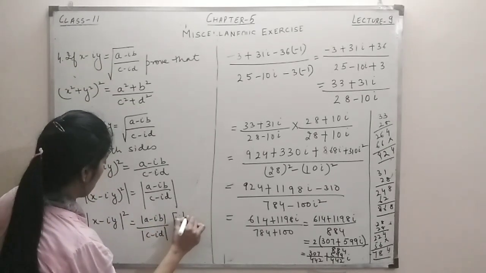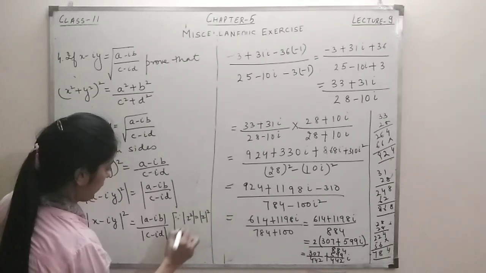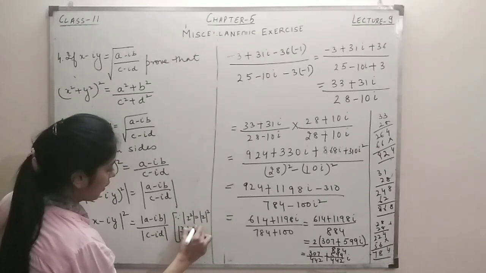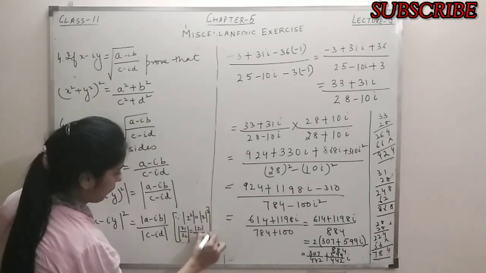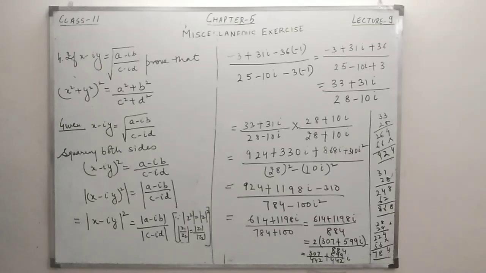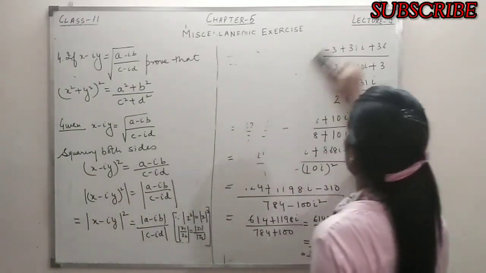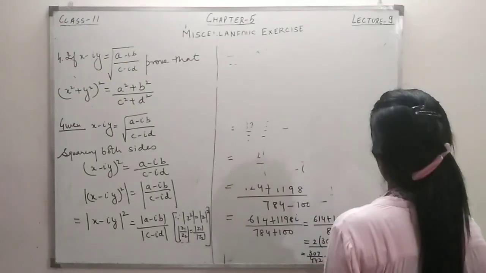Because we can say that the modulus of z square is equal to modulus of z square, and modulus of z1 upon z2 equals modulus z1 upon modulus z2. It's right. After that, how to solve it? How to find the modulus? Solve left side and right side both.